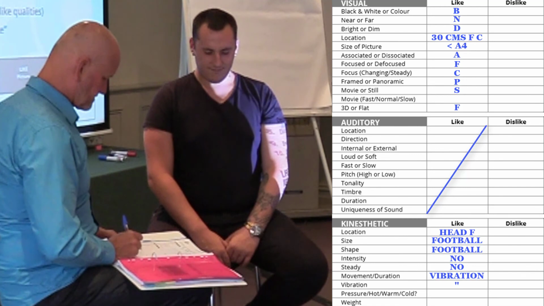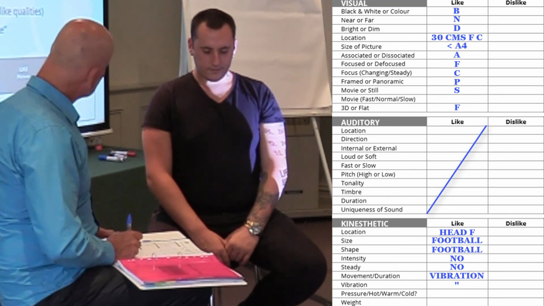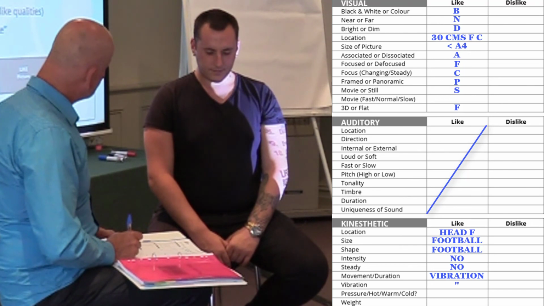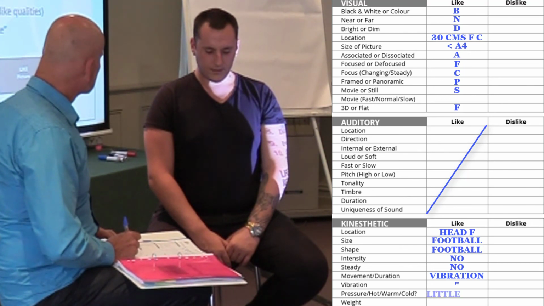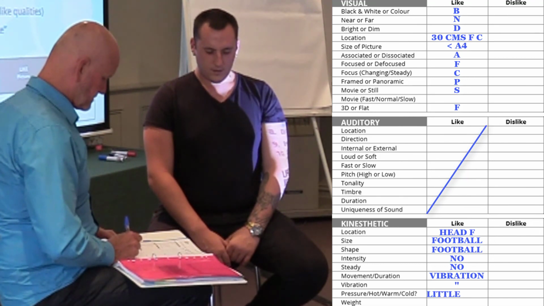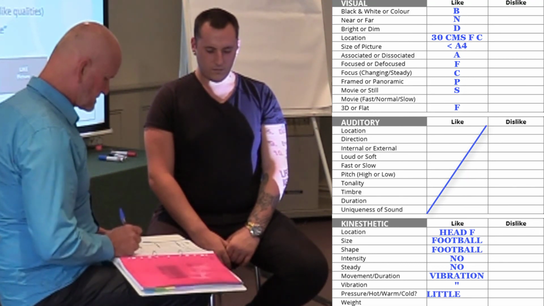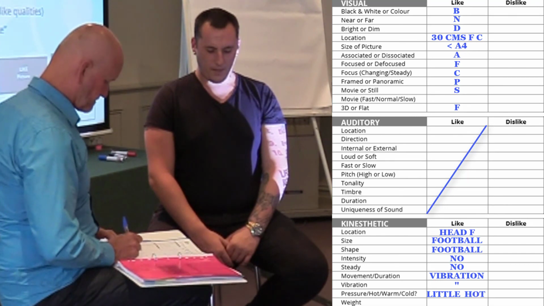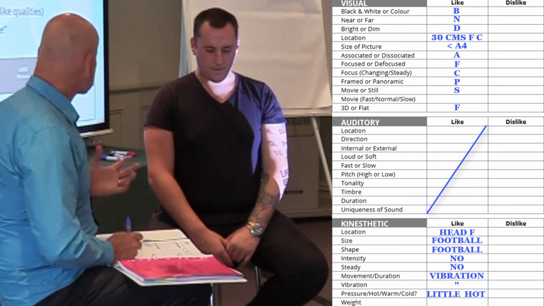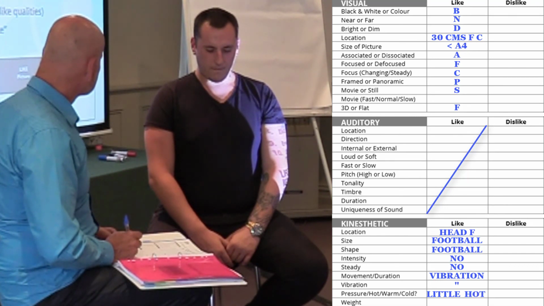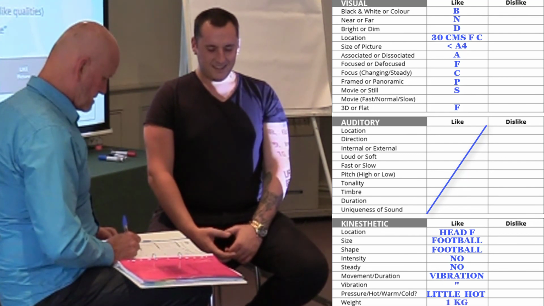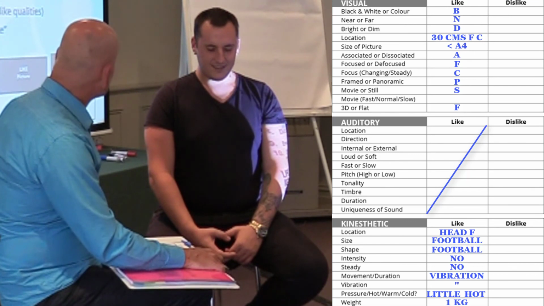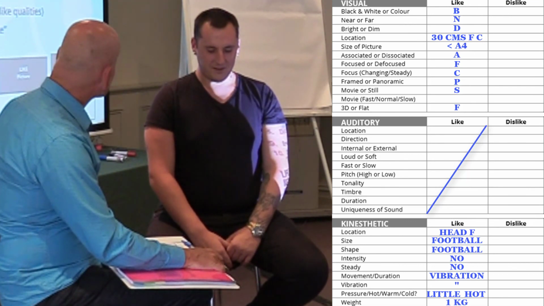Okay. Is there any pressure? Yes. Little or a lot? Little. And is it hot, warm or cold? Hot. And how much does this weigh? A kilo. Can you smell popcorn? No.